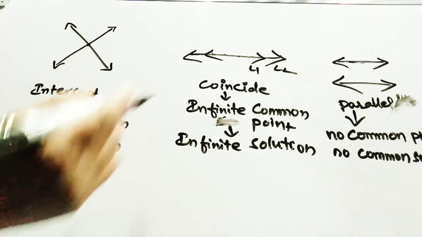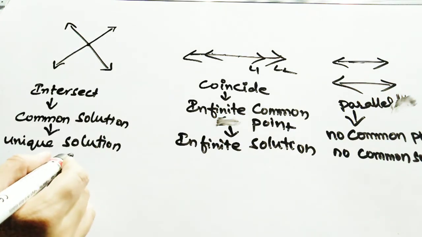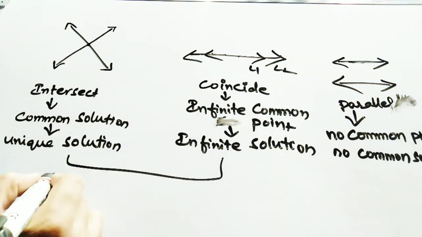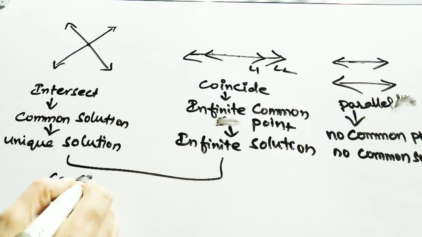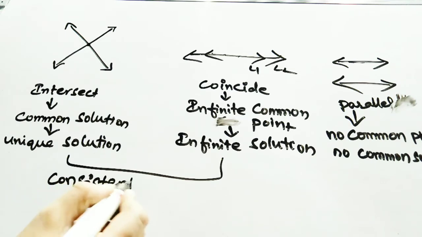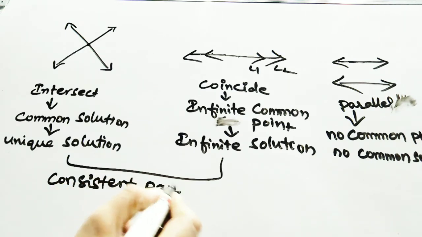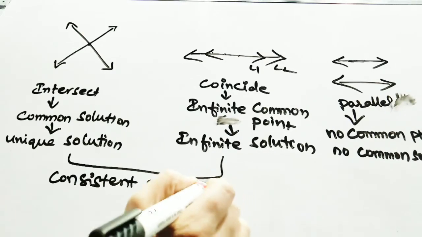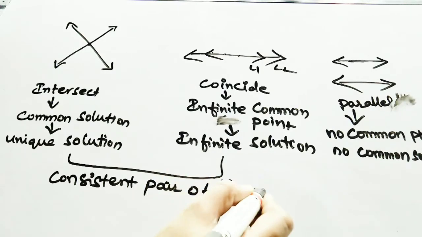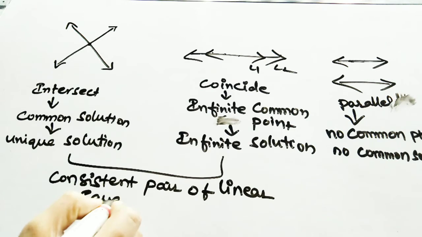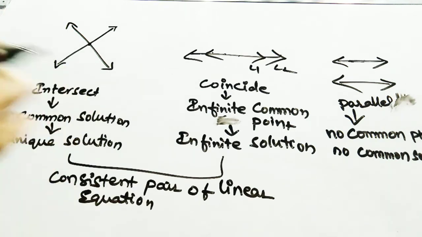Intersecting lines and coincident lines are called a consistent pair of linear equations. Whenever you get an intersecting graph or coinciding lines, it is a consistent pair of linear equations.